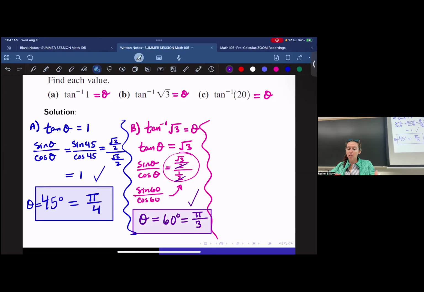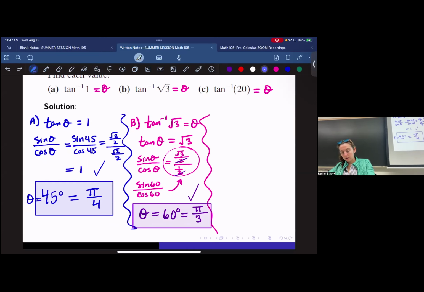And you'll get more confident and comfortable with this material when you practice more problems on your own too. And then part C, I'll write it out, but we're going to have to use a calculator for this one because it's not a famous angle. So essentially we have tan of what angle gives us 20.